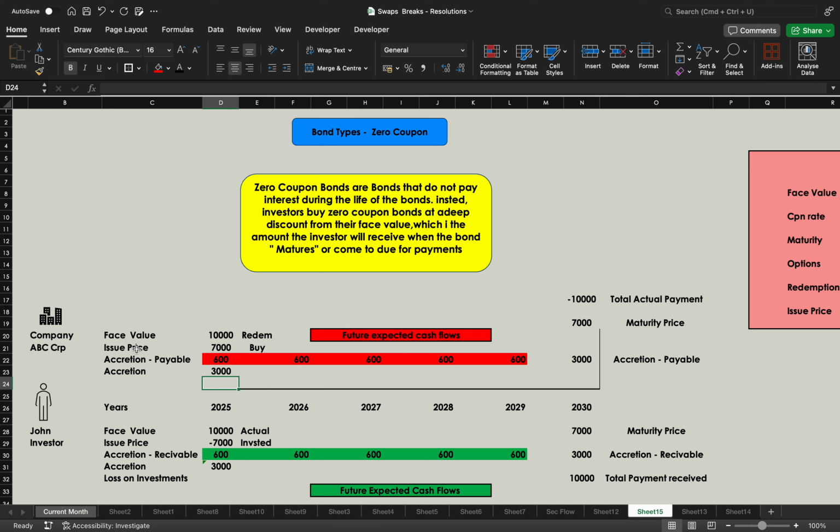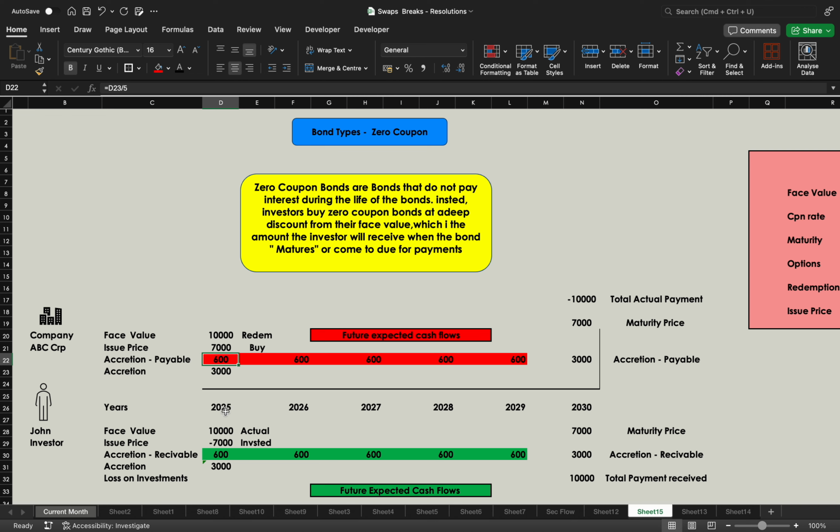There would be a value, correct? That value will be treated as an incremental gain, which the investor will treat as an incremental gain on investment, because here the company is not paying any interest. So the investor will treat that gain as an accretion, and that accretion will be spread across years.